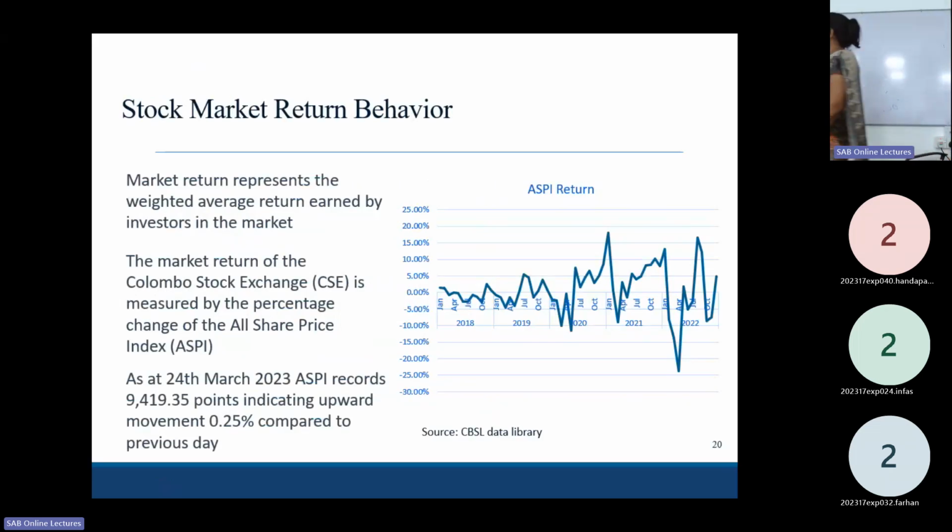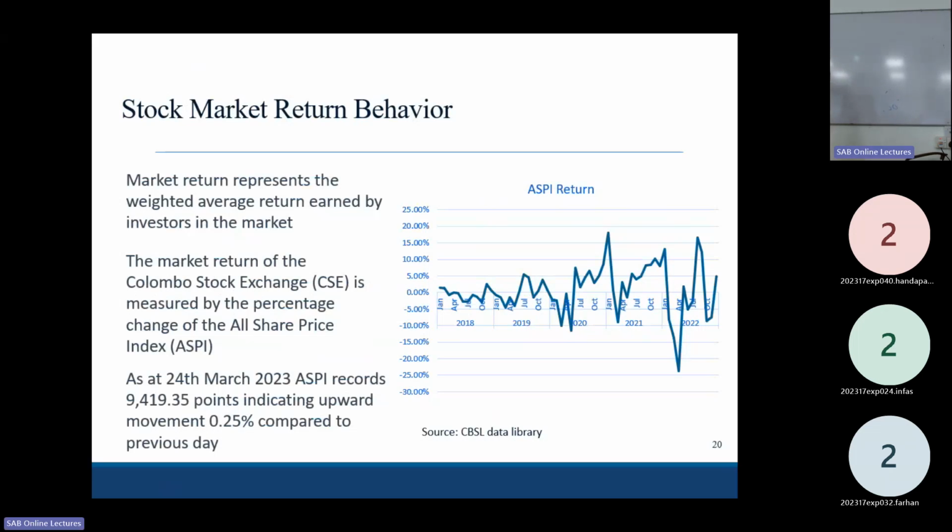Now if you look at this, this is the all share price index behavior during 2018 to 2020. So you can see the variability going up and down like this. If you calculate the standard deviation for this period, on average you can have a pattern of the risk variability.